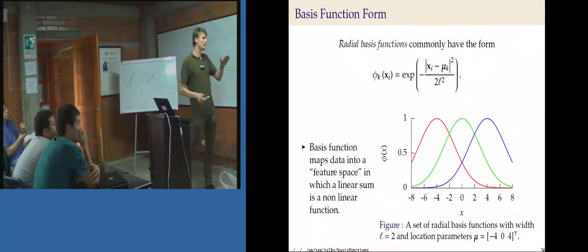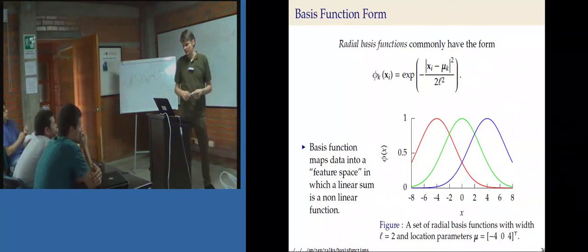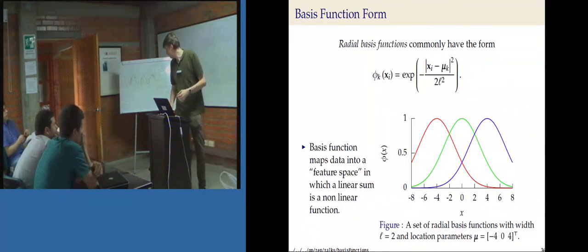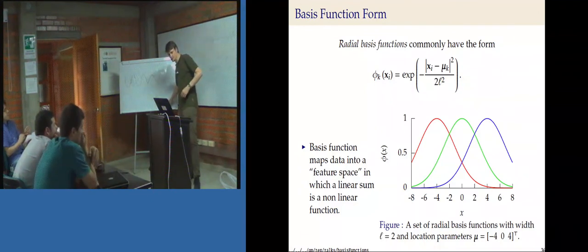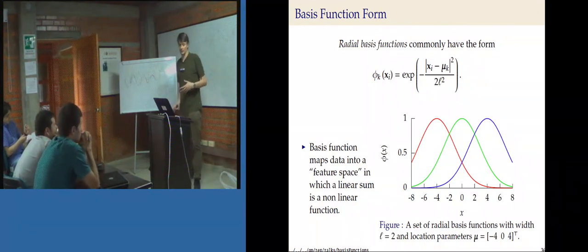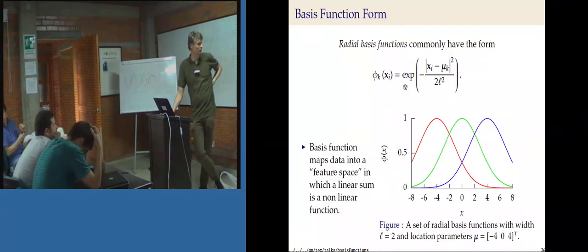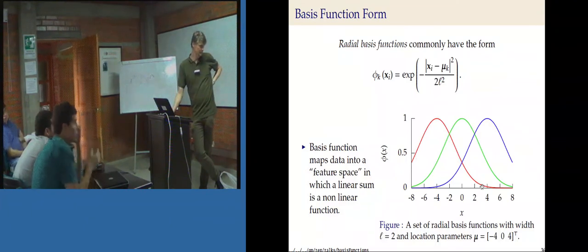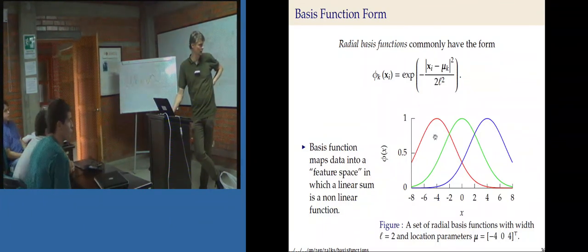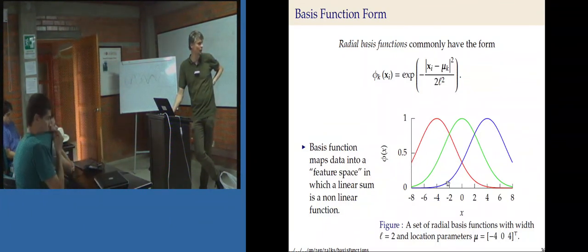I want to look at, we've been looking at polynomial basis functions, but let's just play with radial basis functions, fixed basis function models. So in a radial basis function model, instead of polynomial bases, you have a series of local bases which are centered at particular points.